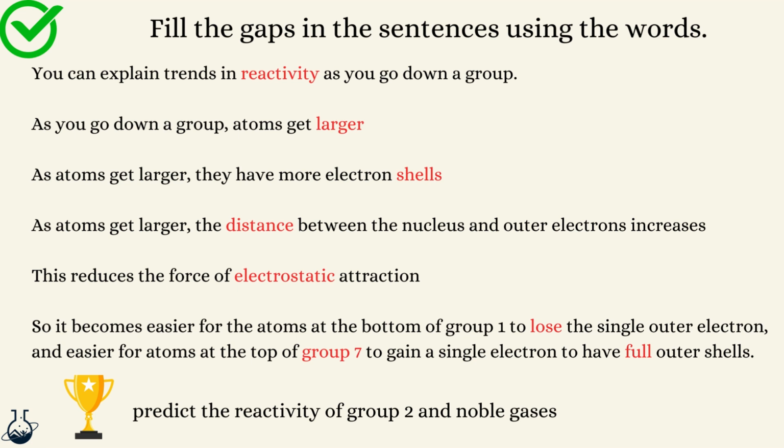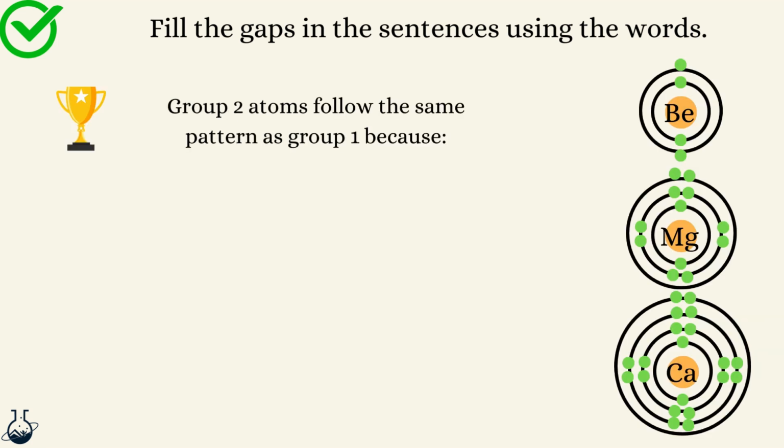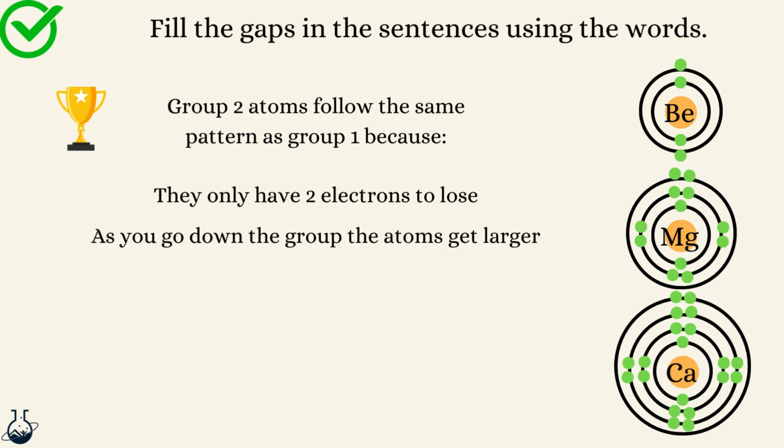Now on to the challenge answers. The challenge was to predict the reactivity of group 2 elements and noble gases. Will group 2 follow the same pattern as group 1? Because they only have 2 electrons to lose, it's easy to do this. As you go down the group, the atoms get larger, so electrostatic attraction gets weaker.